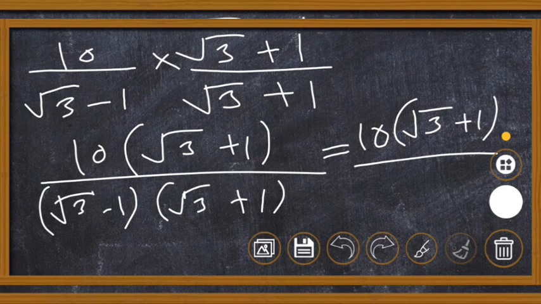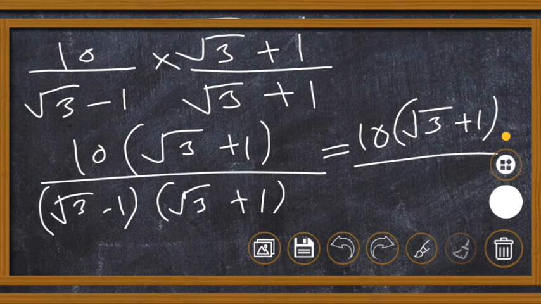We can simply multiply this root of 3 throughout here and also negative 1 throughout here, according to the rules of simplifying the given product of different algebraic expressions. So in this case, we are going to multiply root of 3 multiplied by root of 3. I talked about this before. When you are multiplying the same root values, you simply write the value in the bracket, in the roots.